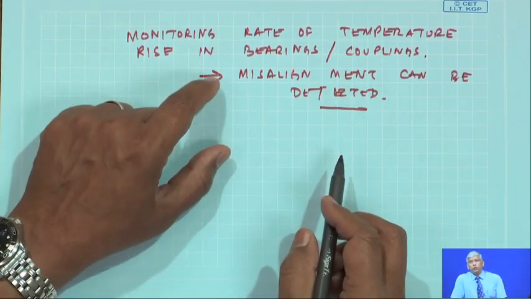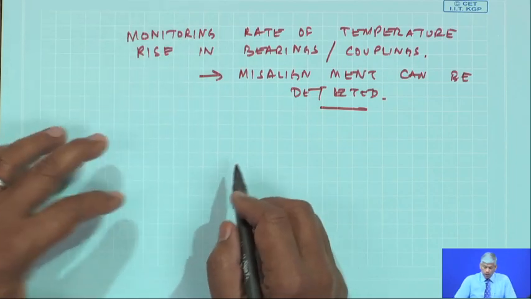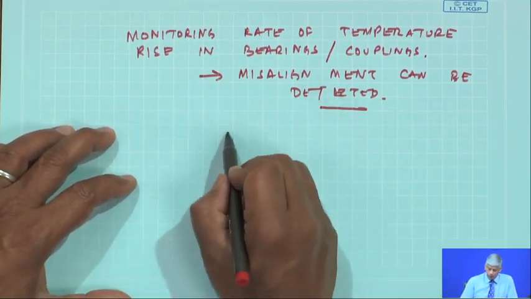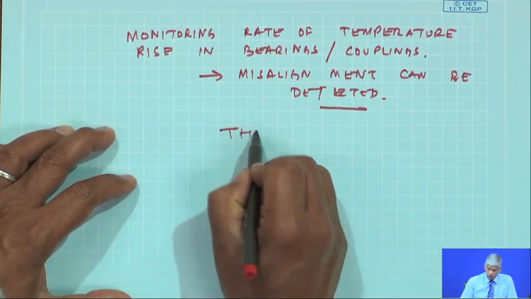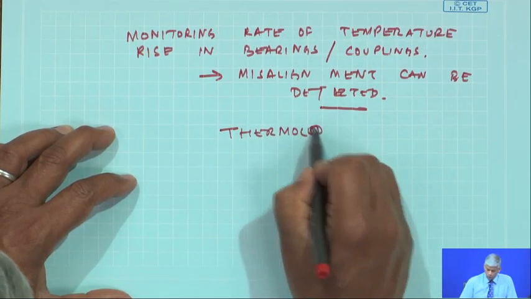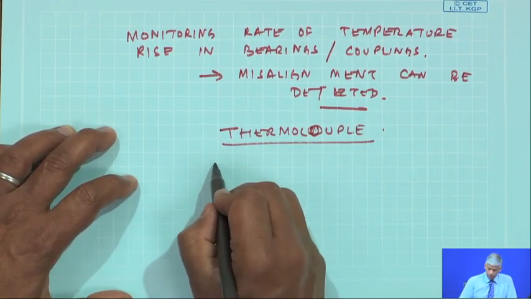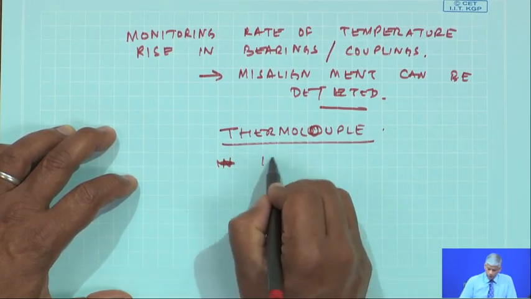Now, obviously, because they are rotating systems, I cannot use the conventional measuring devices like a thermocouple. So, a non-contact temperature measurement device like an IR camera can be used.